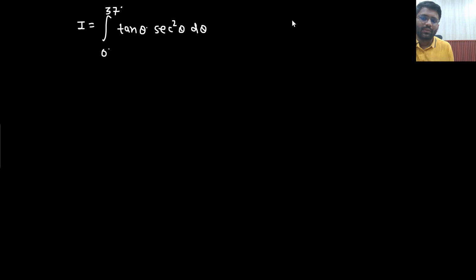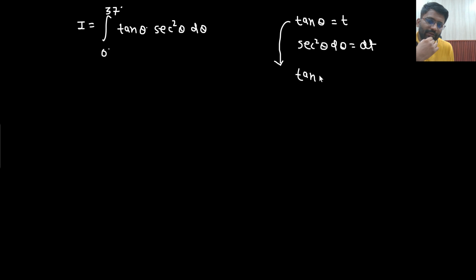Right? So if I put tan theta as t, then sec square theta d theta will be dt. If you put theta equals 0, then tan 0 would be equal to 0 only. And if you put theta equals 37, then what is tan 37?